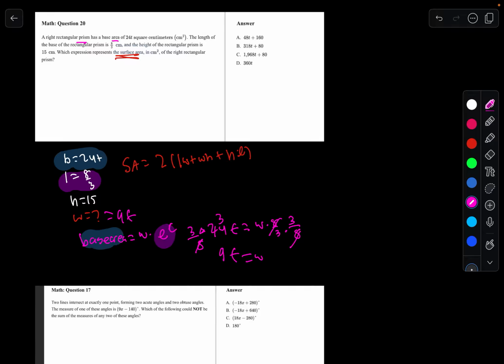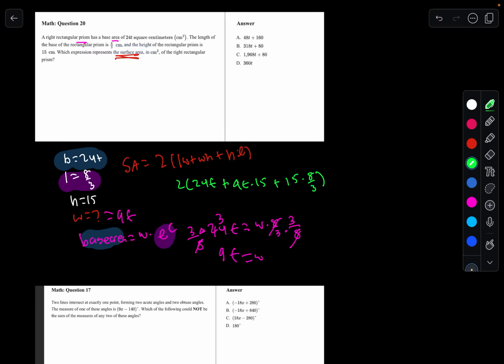Okay, now we just plug this into the formula. So 2 times length times width, that's basically the base, so we just do 24t, plus width times height, which is 9t times 15, plus height times length, which is equal to 15 times 8 over 3.